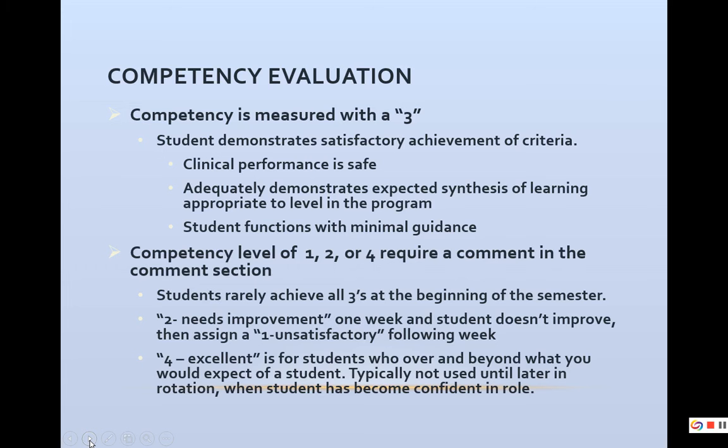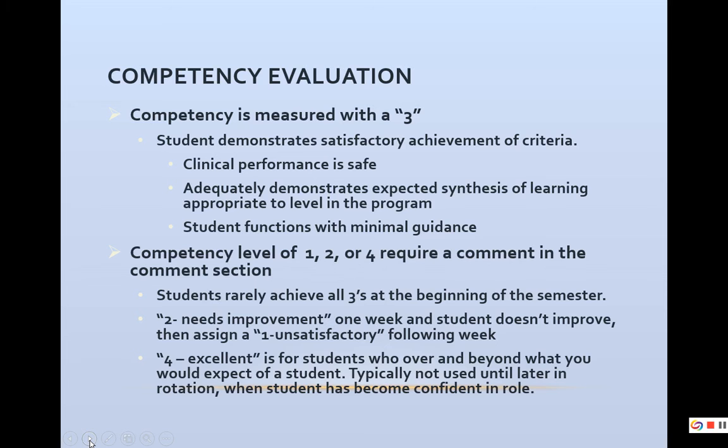Now, a competency level of 1 or 2 or 4 requires a comment in the comment section. 2, as I said, means needs improvement. And you see that in 1 week, and if the student doesn't improve after receiving that 2, then the next week they would get a 1, meaning unsatisfactory.